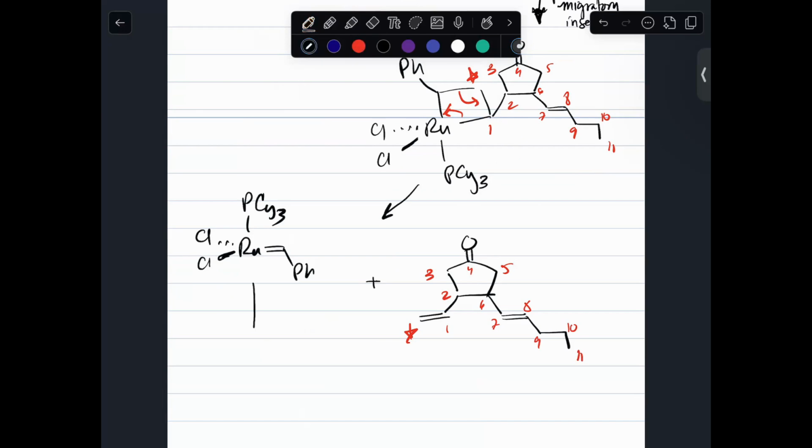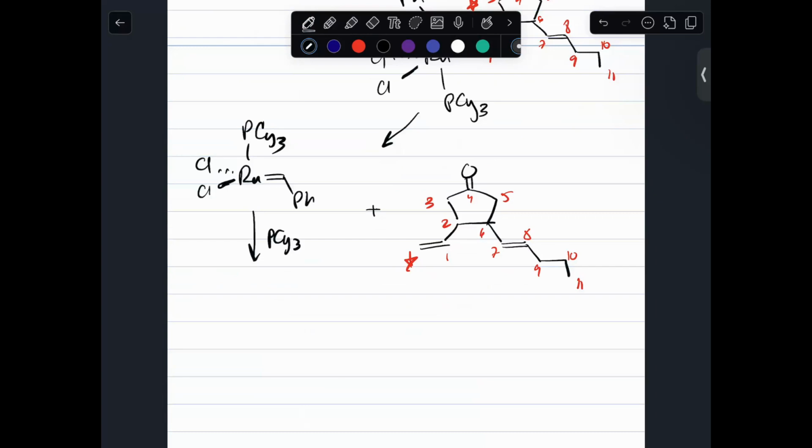And then finally, of course, ligand association of the phosphine ligand to regenerate my catalyst. Don't forget to always regenerate your catalyst.